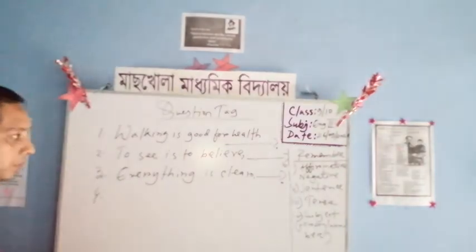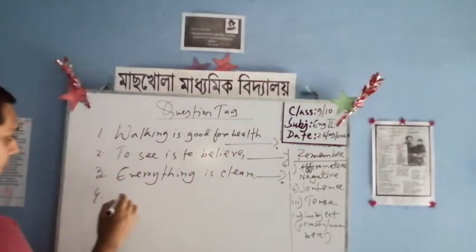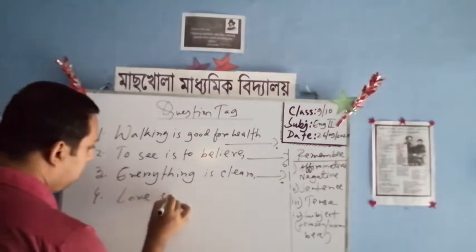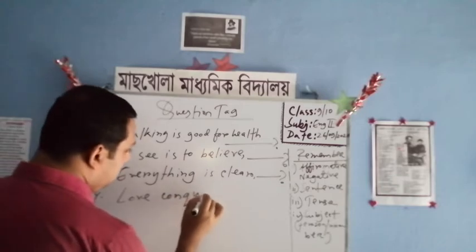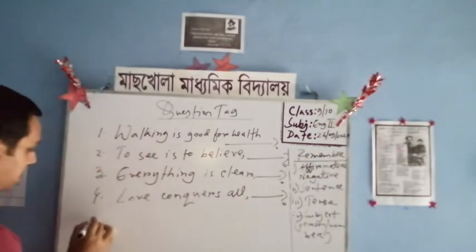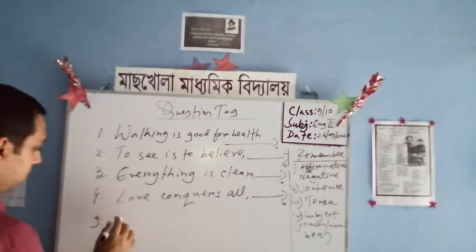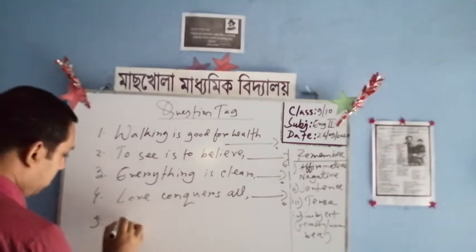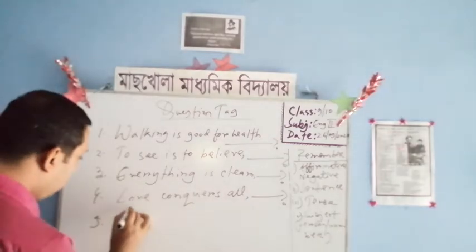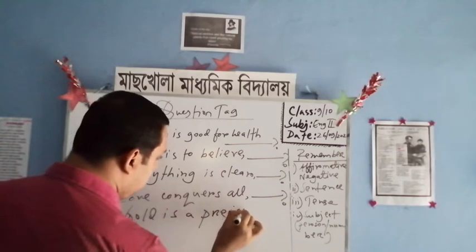Number 4, love conquers all. Number 5, gold is a precious metal.